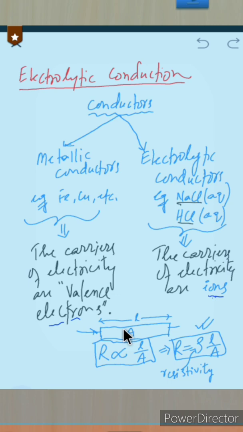Before going through electrolytic conductors, let me explain some basics about metallic conductors.